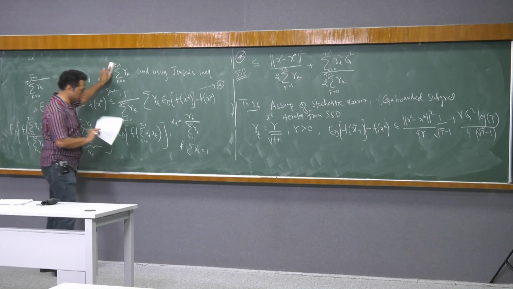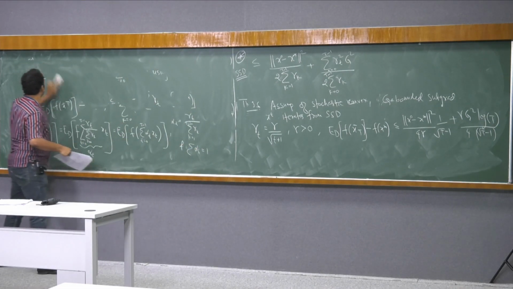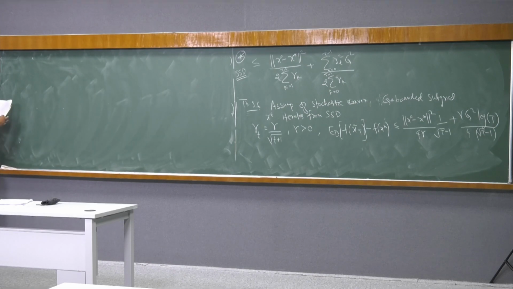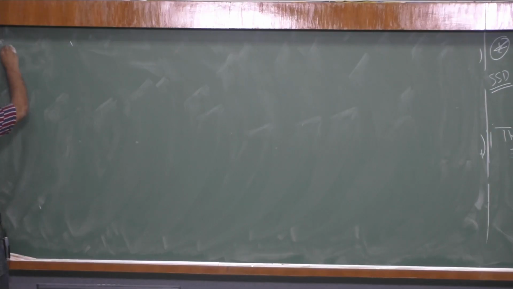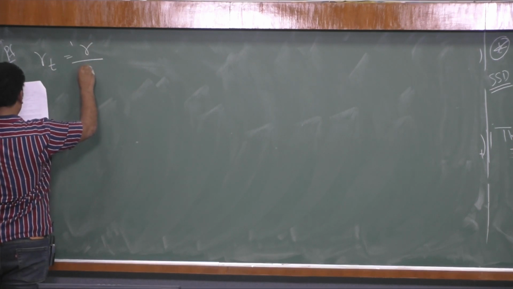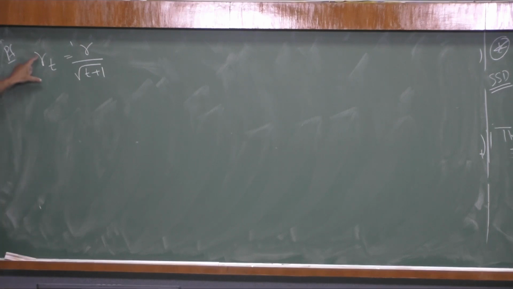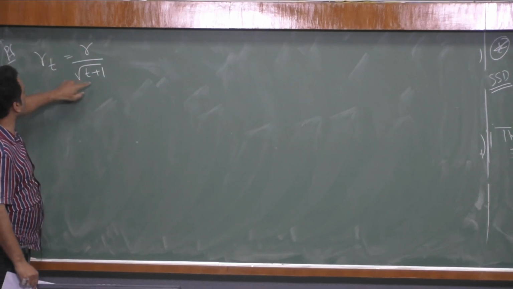So we are going to use this integral bound. The step size that we have is gamma t, chosen to be gamma by square root of t plus 1. So basically the step size is decreasing as the iterations of the algorithm increase, so eventually it will become 0.